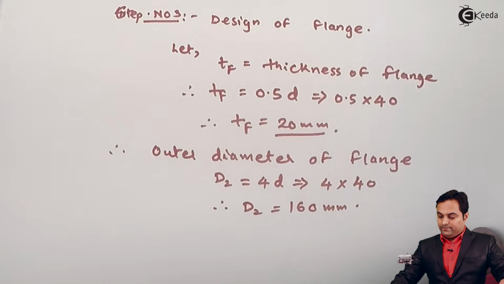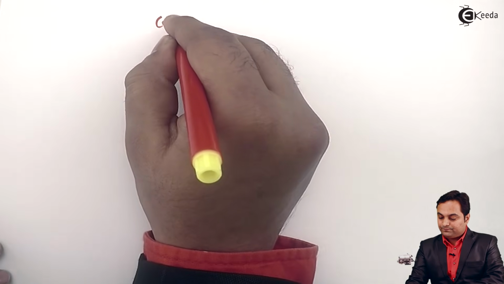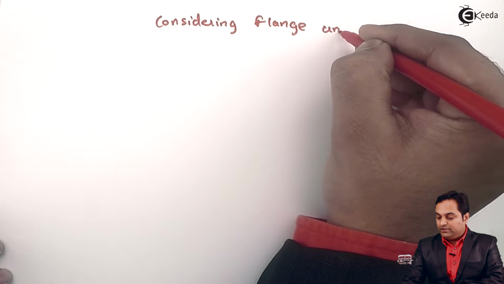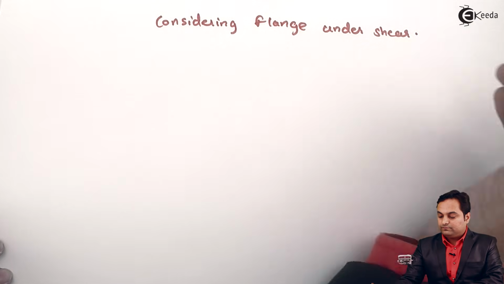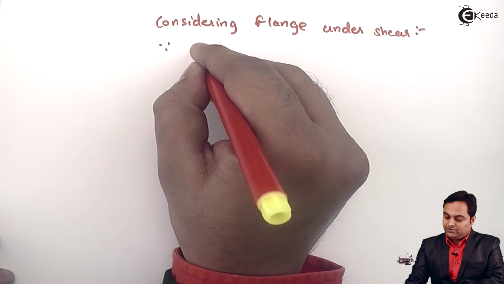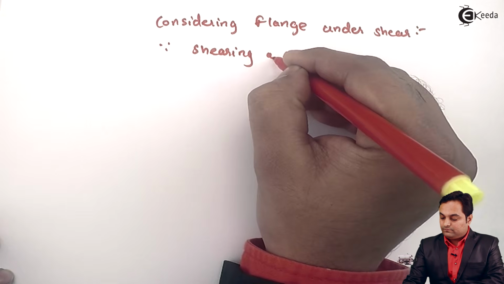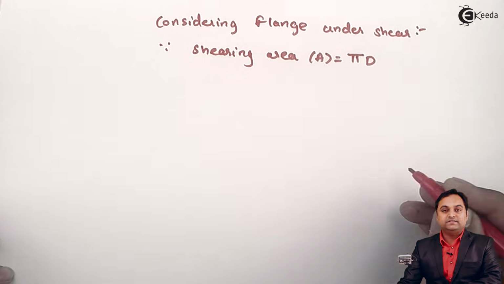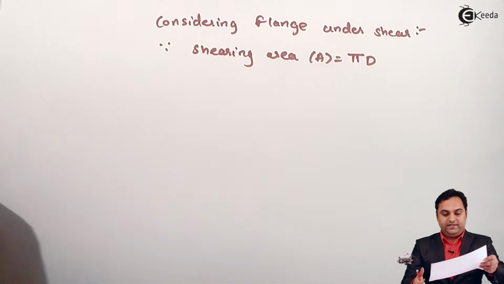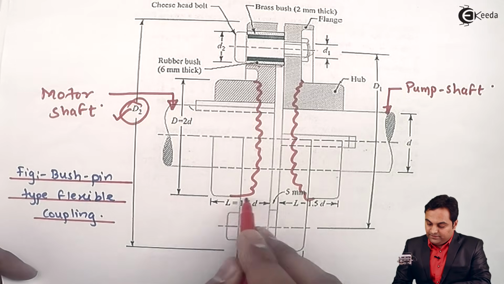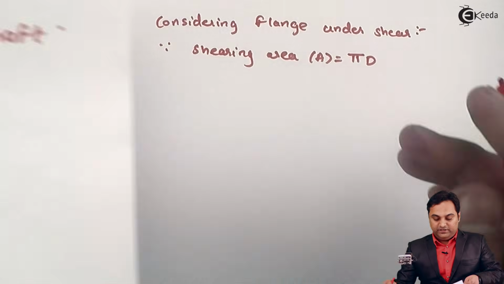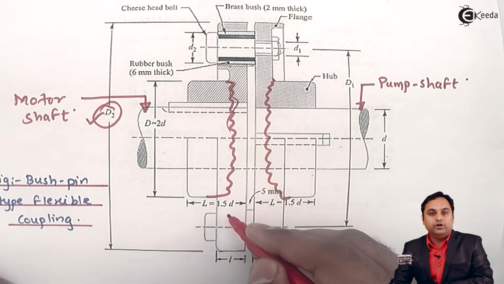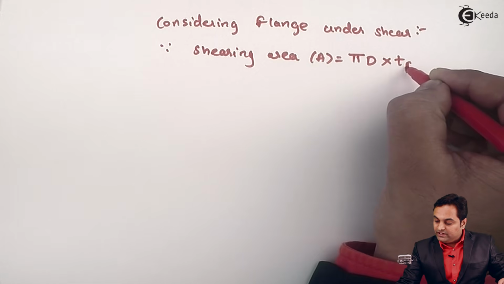So, considering flange under shear, the shearing area A will be equal to pi into D, the diameter of hub, because the flange is breaking at the hub, multiplied by the thickness of flange, because this flange thickness would be sheared off. That is the shearing area.